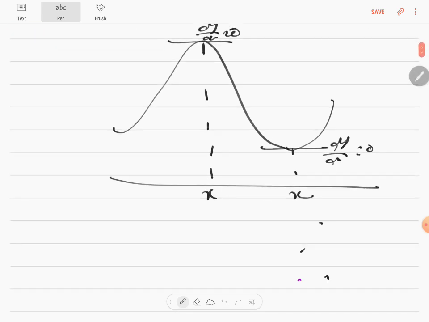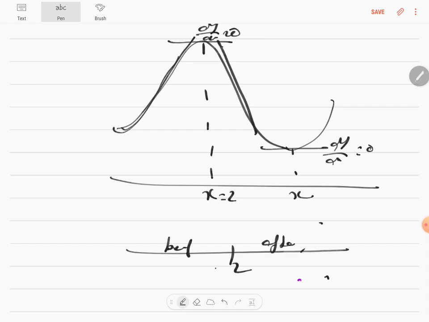But here, once you get dy by dx equal to 0, you put it on the number line. Suppose you get x is equal to 2, you put it on the number line and analyze what's happening before and after. Take an example before and after in the dy by dx that you found, and analyze whether it's positive or negative.